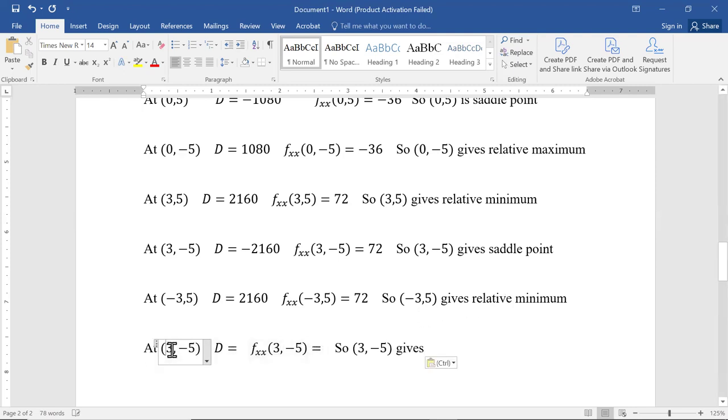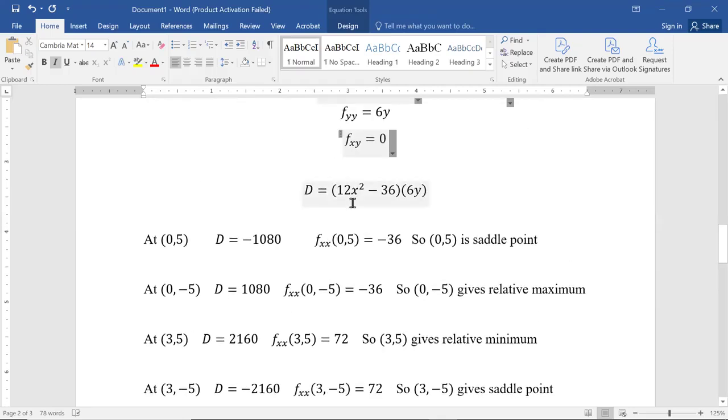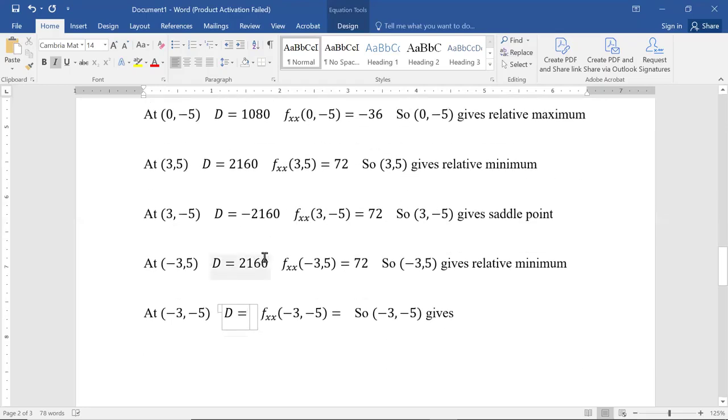The last point we'll check is -3, -5. So let's plug this in. First, plug it into D. It turns out when you plug that into D, you'll get, again, -2,160, just like we got at 3, -5.